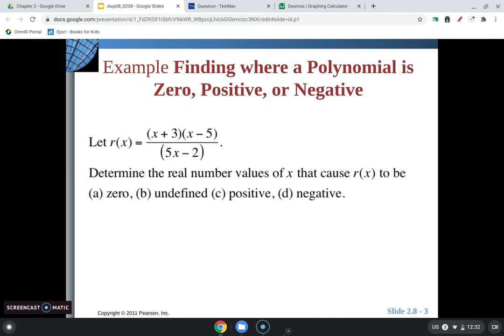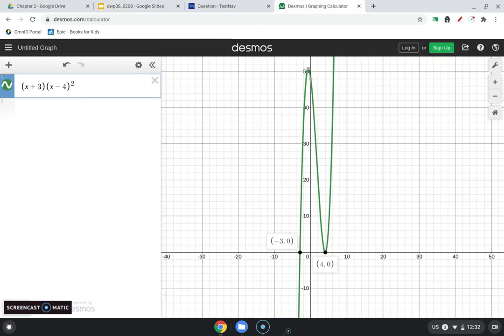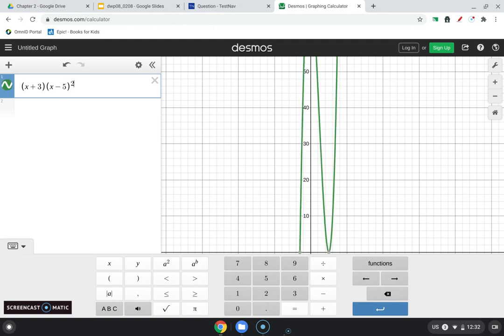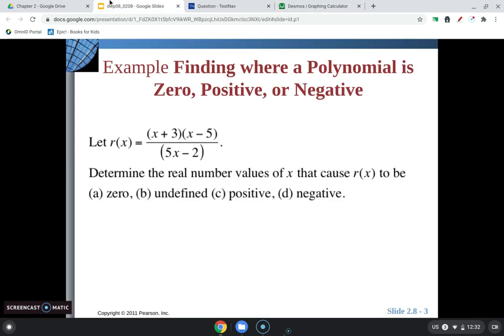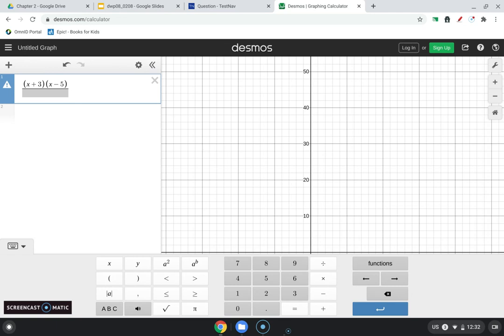Determine the real number values of x: 0, undefined, positive, negative. All right, so x plus 3 times x minus 5, and then I want to divide that by 5x minus 2.